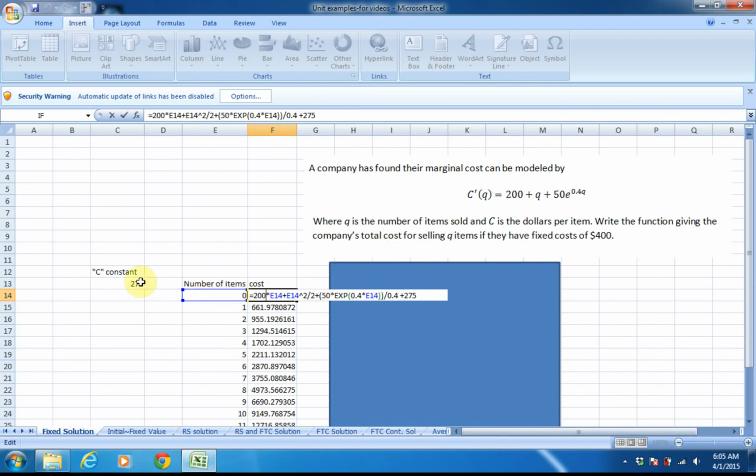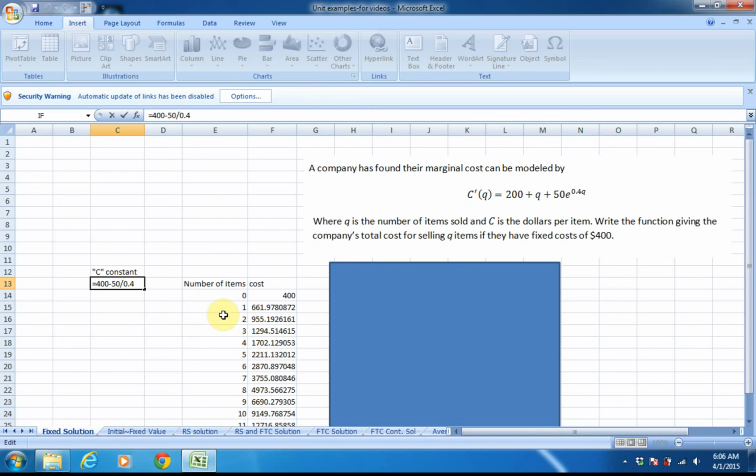So I want to go over here for a second and show you where we found the value of C. So our antiderivative, when we have it, has a big plus C at the end. But if fixed costs are $400, that means that C of Q, our antiderivative, is $400.